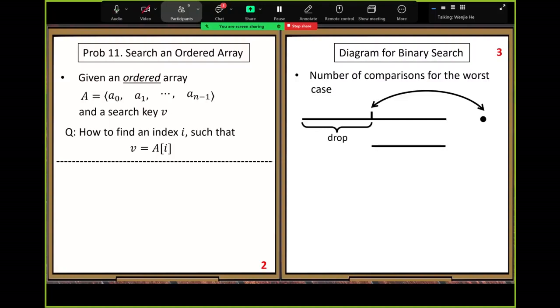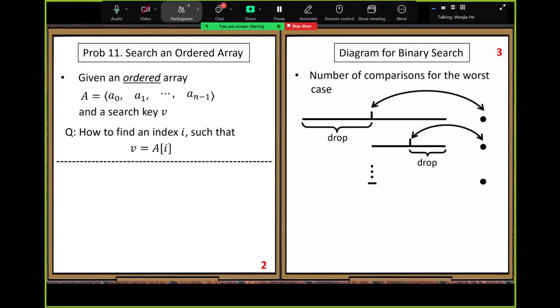Then the second comparison, the median of the current subarray. So we drop another half. So this time the current half. So we keep doing this comparison, split, and drop.